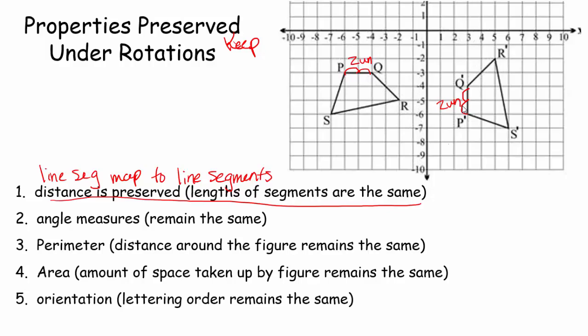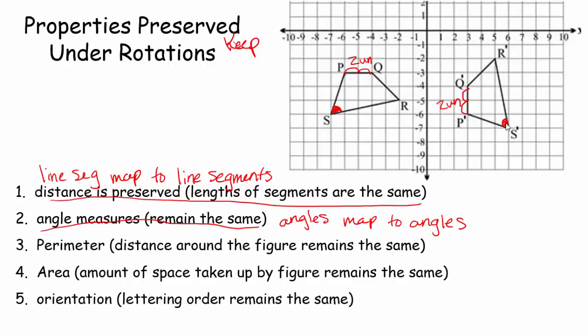Let's look at angle measures. Do they remain the same? In other words, angles map to angles, which means they will remain the same. Look at this little PSR angle right in here. It remains the same as P prime, S prime, R prime.